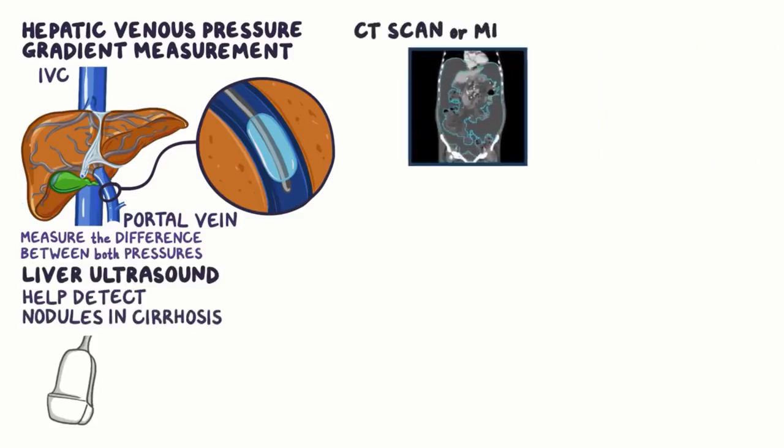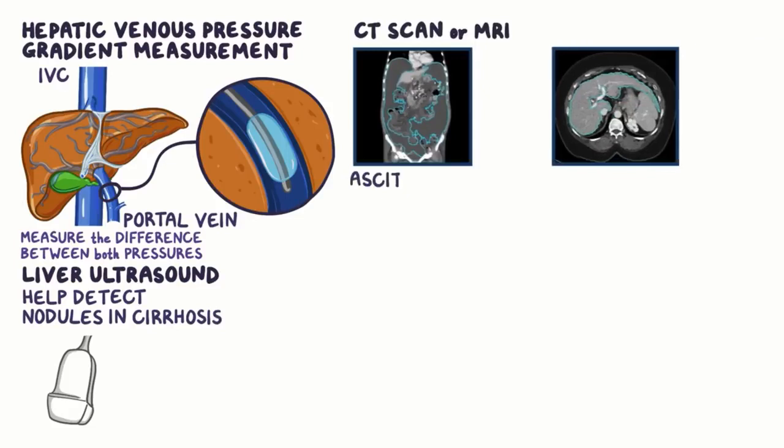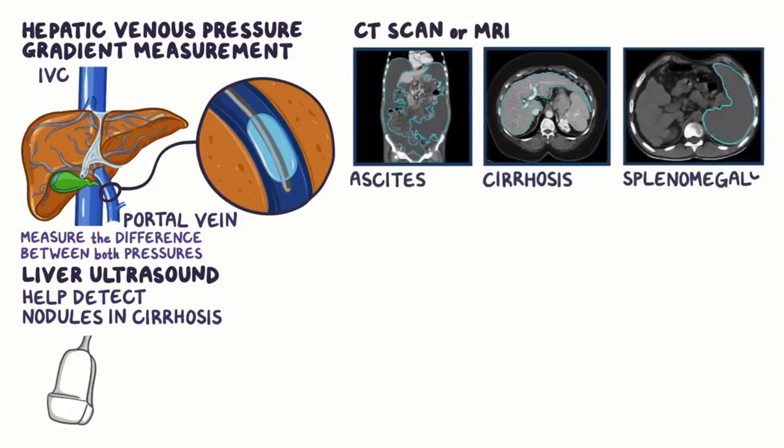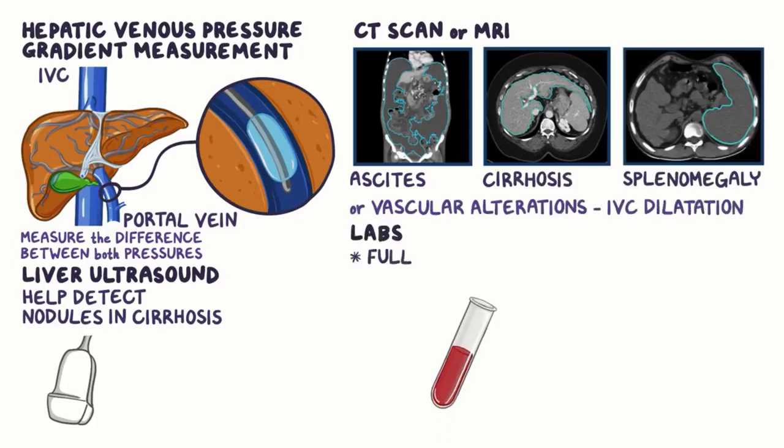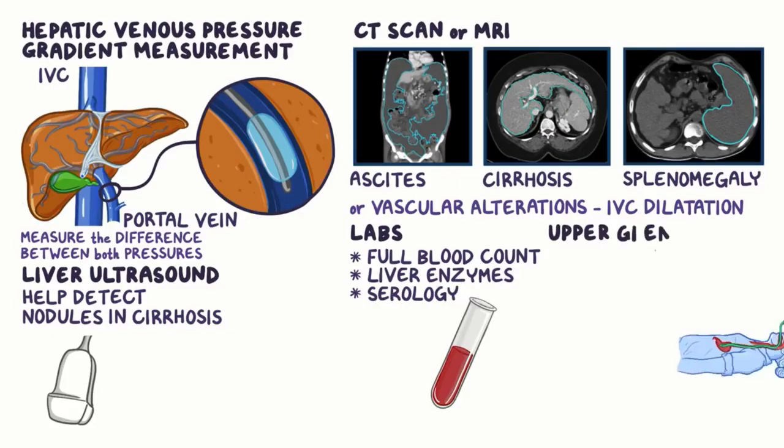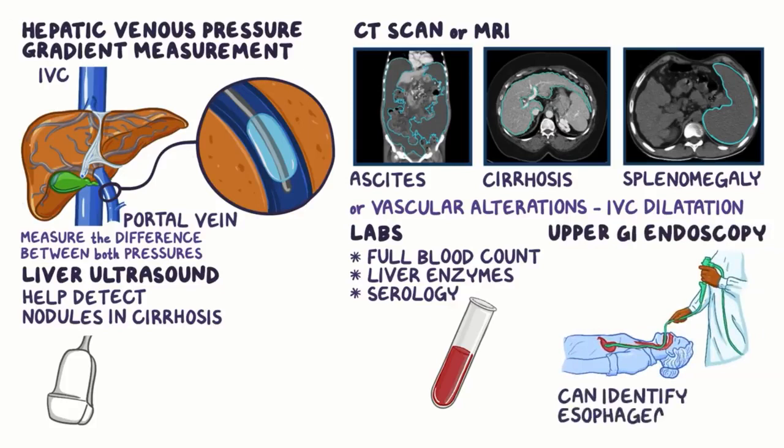CT scan or MRI help diagnose ascites, cirrhosis, splenomegaly, or vascular alterations like inferior vena cava dilatation. Labs including full blood count, liver enzymes, and serology can be useful to identify the cause, and an upper GI endoscopy can identify esophageal varices in order to treat them appropriately.